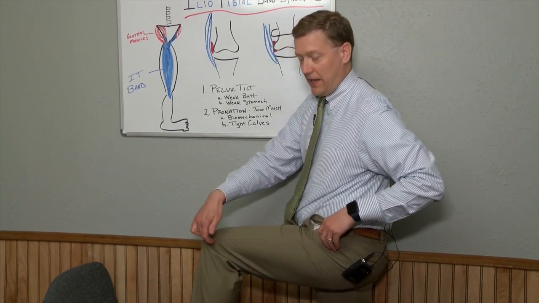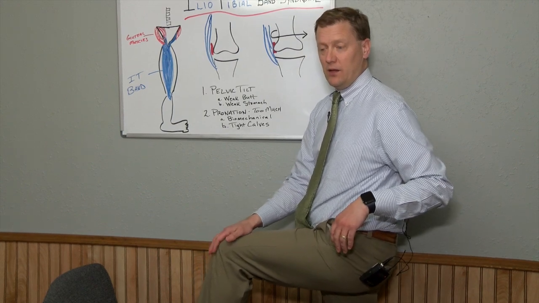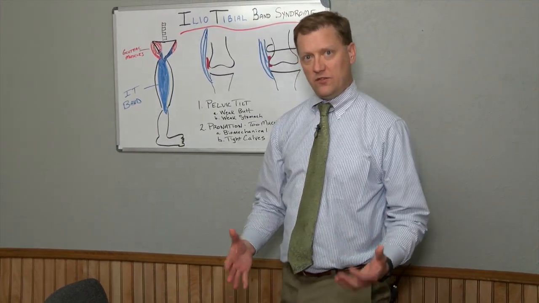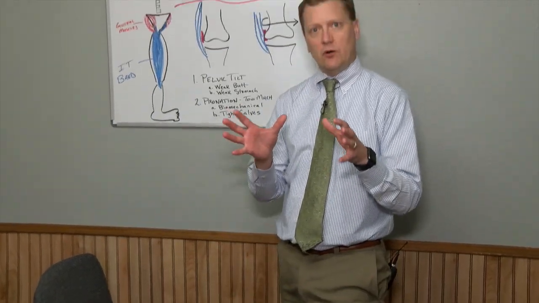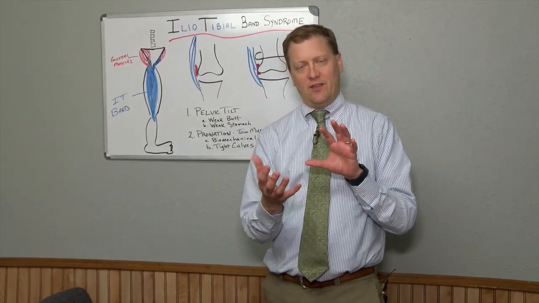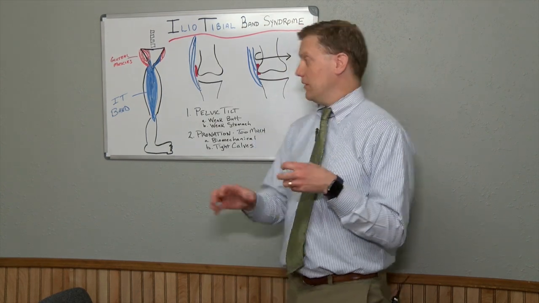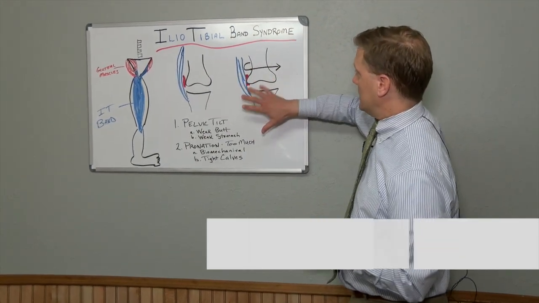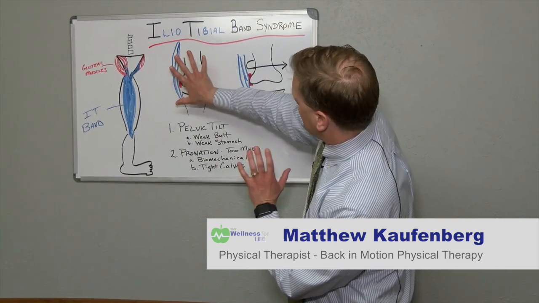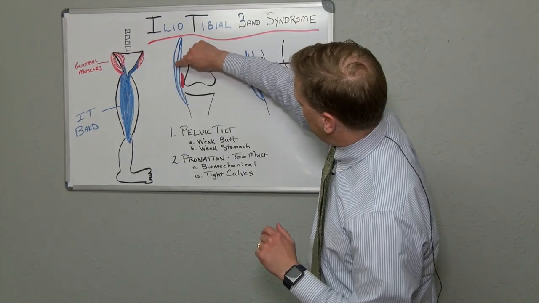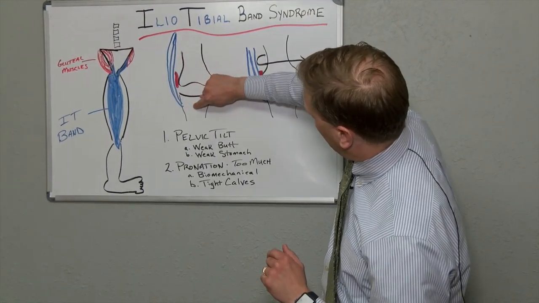That IT band will get irritated when our femur, the large bone of the leg, rotates inward. The IT band will get squished. So this drawing is representing that. In a normal situation, we've got our IT band, looking straight at the front of the knee. The IT band is coming down and attaching to our lower leg.